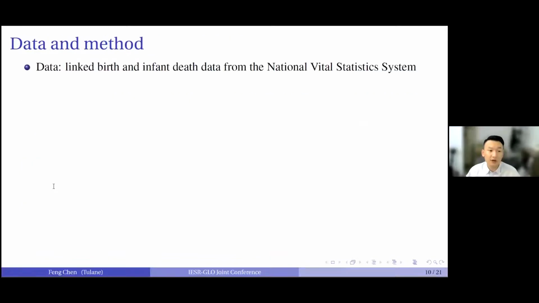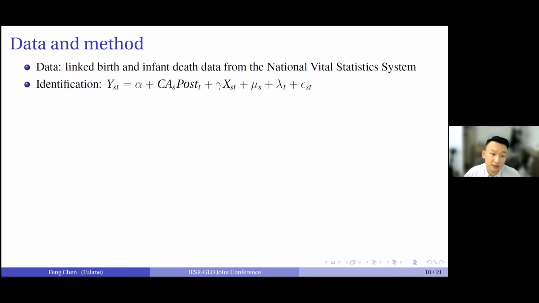So in this paper, I will use the linked birth and infant death data from the National Vital Statistics System. This data set has all the births in the United States and all the infant deaths within 1 year of age.